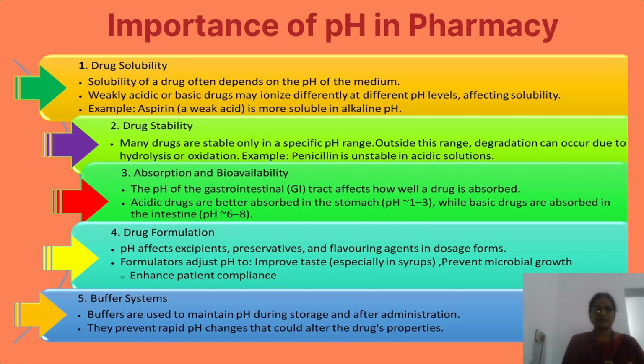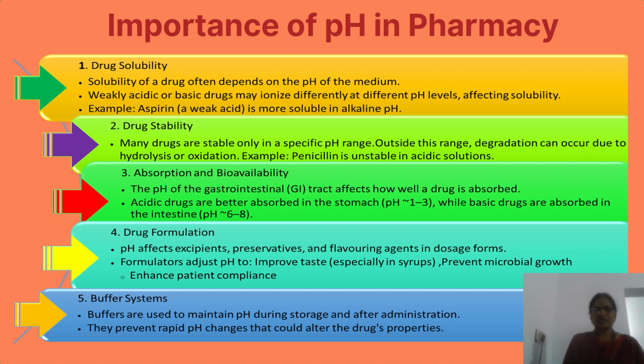The next important thing is absorption and bioavailability. Generally, some drugs are stable in our GIT, some in the stomach. It is a live example of how important pH is in our life, even in our pharmaceutical field. Some drugs are absorbed in acidic, some in basic conditions.